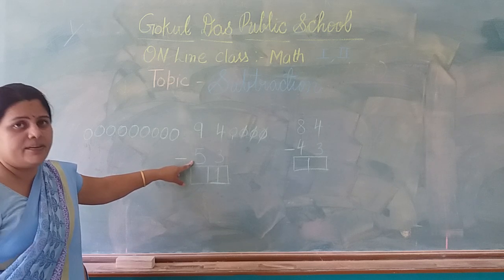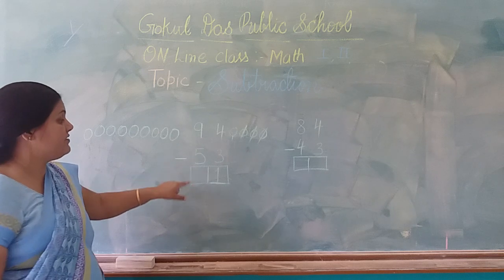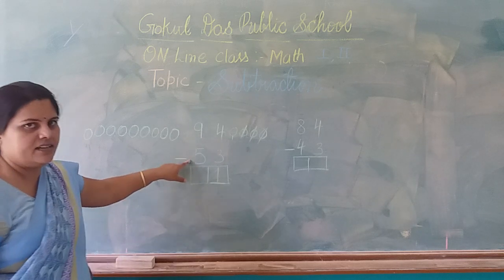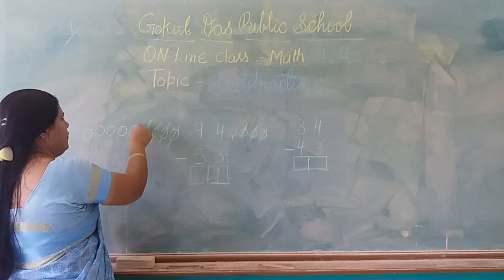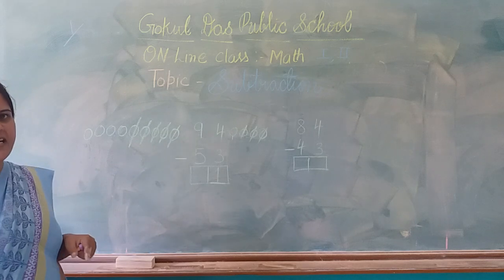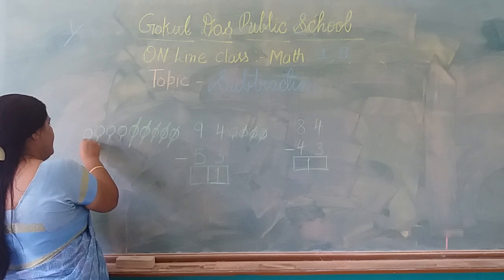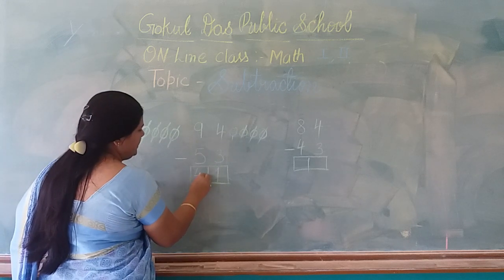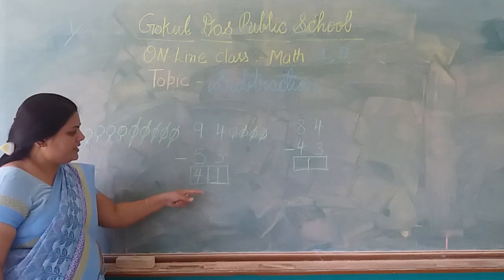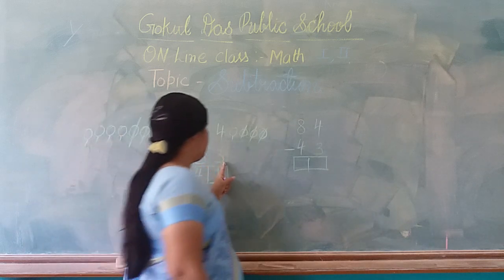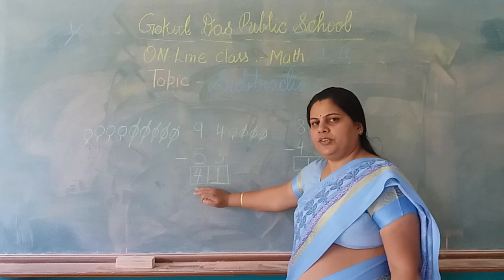We will cut 5 balls, because we have number 5 downside. 1, 2, 3, 4, 5. How many balls did we cut? 5. Then how many remain? 1, 2, 3, 4. So we will write number 4 over here. Did you get this answer? 4 minus 3 is 1. 9 minus 5 is 4.